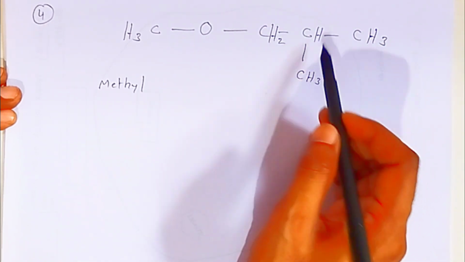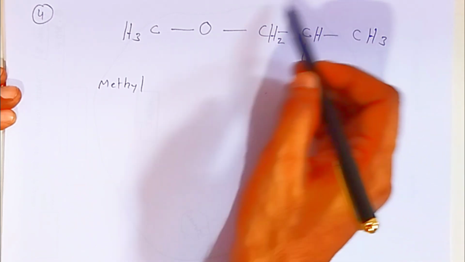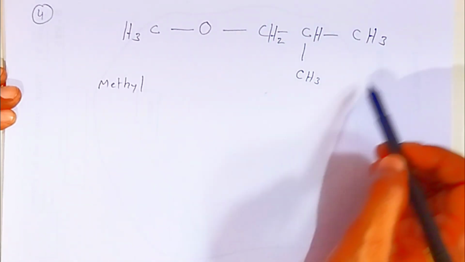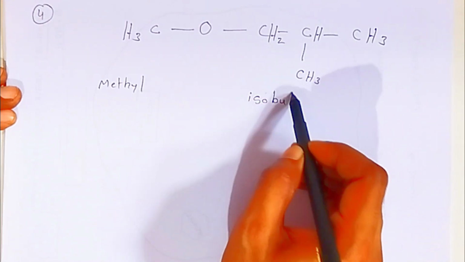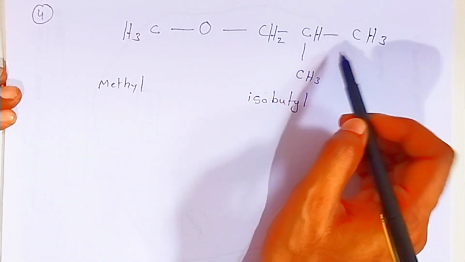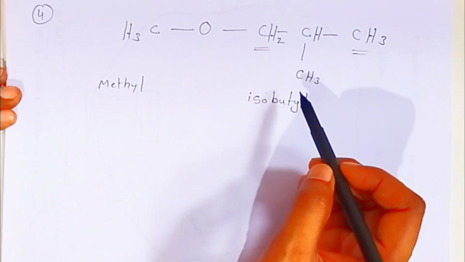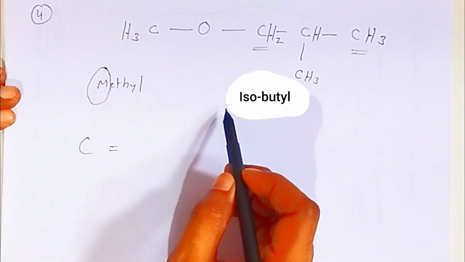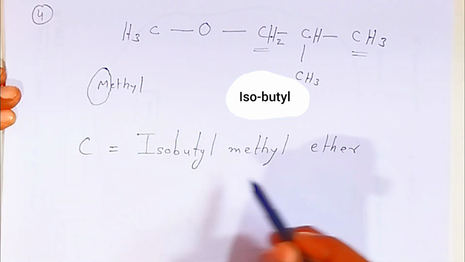Both having the same, so this is nothing but isobutyl. Containing 4 carbon, we call it butyl. But which type of butyl? This is nothing but isobutyl. Understanding, students? Why is it iso? Because the same groups are attached. So in common name we will write isobutyl. This compound is nothing but isobutyl methyl ether.